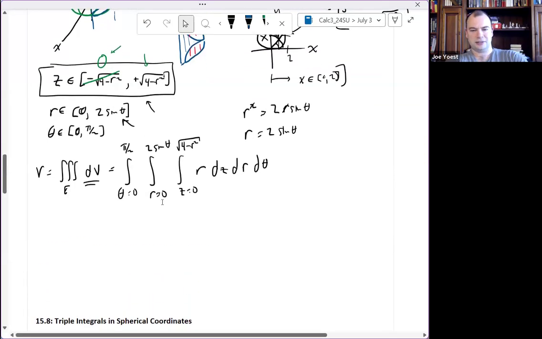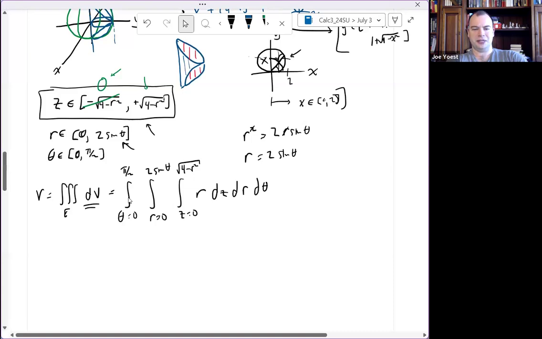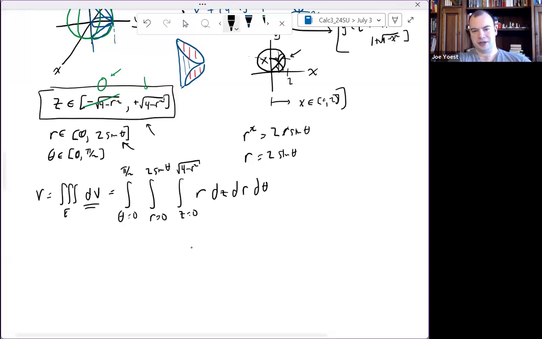Again, I don't want to get too ambitious here and try to pull out the theta integral, because that 2 sine theta in the top of the r integral is keeping us from doing that. The z integral has r in its bound as well, so we're just going to do this as an iterated integral. We can pull the r out front.